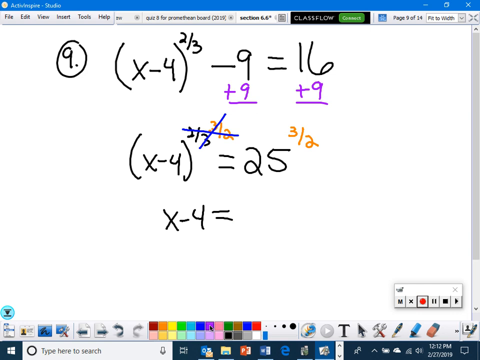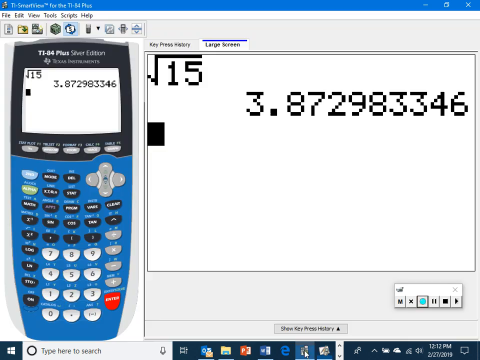Now, since the numerator is even, there will be 2 answers. So when I raise to the 3/2 power, first let's do that on the calculator.